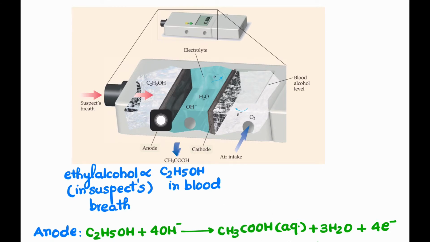We know that at the anode oxidation occurs. In that oxidation reaction, 1 mole of ethyl alcohol is producing 4 mole of electron. It means 4 Faraday of charge. So we can say that the amount of electricity that will be produced by passing this charge will be directly proportional to the amount of alcohol that is present in the suspect's breath.